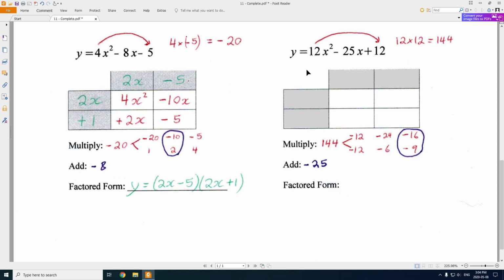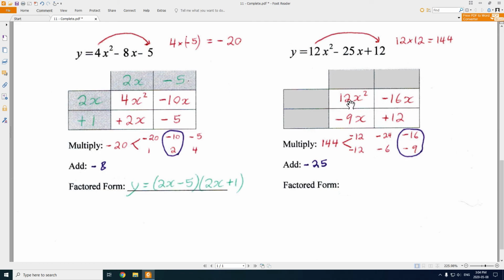Now we fill our chart in from the inside out. So 12x squared plus 12. My two middle terms will be negative 16x and negative 9x. And then we go through each row and each column and look for common terms.